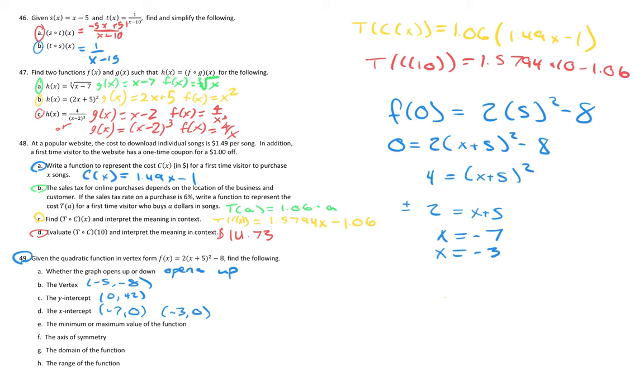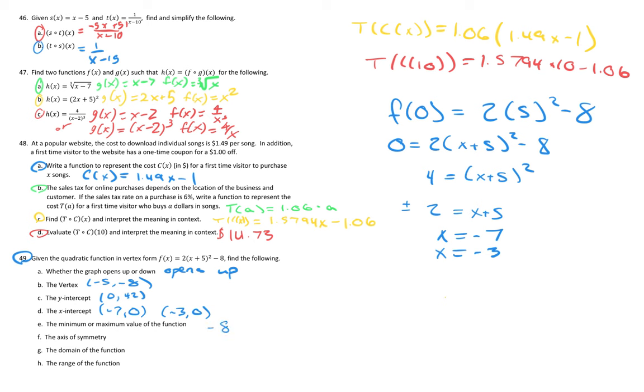The minimum value is just going to be the location of our vertex. The reason it's a minimum is because our function opens up. So the minimum value of the function is -8.